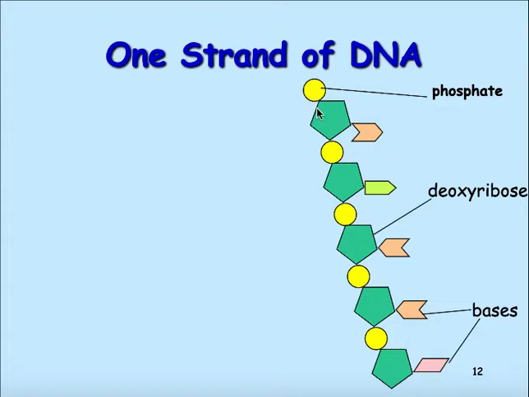And you can see that repeats, a phosphate and a deoxyribose, all the way down. And then you can see that there's these other little tags that stick off, and those are the nitrogenous bases. So the makeup of DNA is a phosphate group, a deoxyribose sugar, and a nitrogenous base. That's what makes up all of DNA.